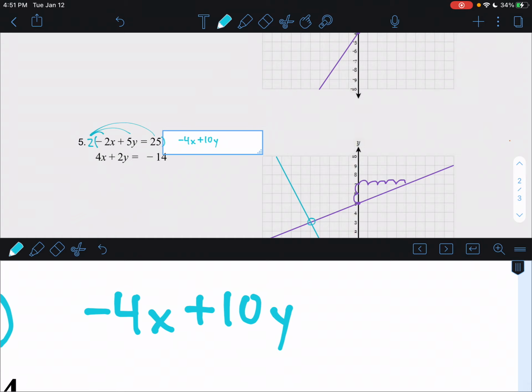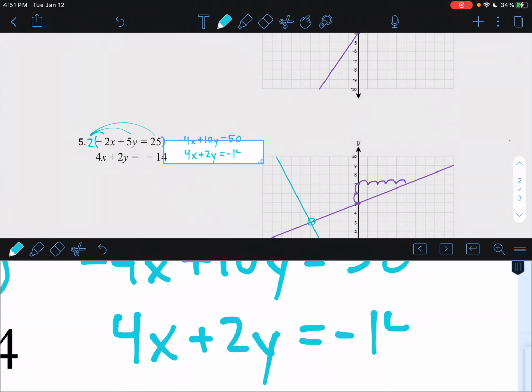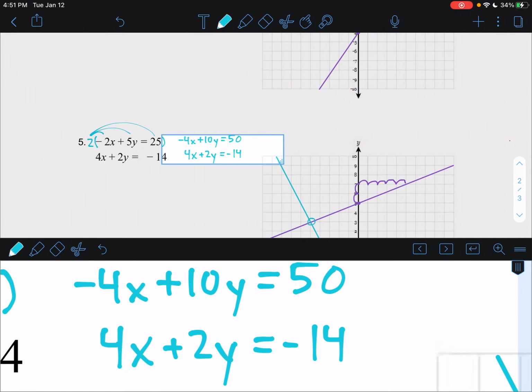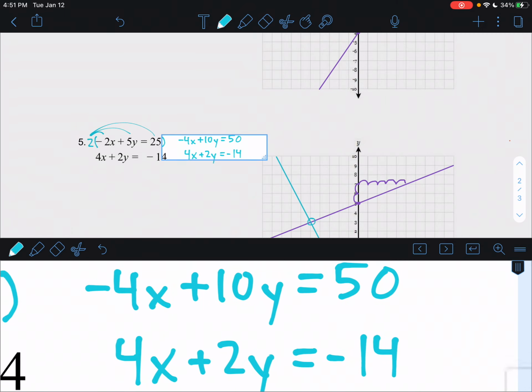And 2 times 25 is 50. And then my second equation, not doing anything to that, it's just the same equation. So I have negative 4x plus 10y equals 50. 4x plus 2y equals negative 14.